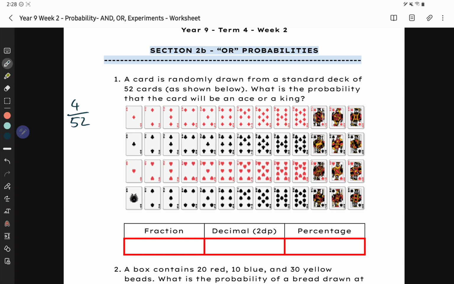Right? But I'm saying it's also okay if I get any of these kings. That's another 4 over 52. I'm going to plus them. So the probability I will draw an ace or a king, I add those probabilities up. Again, the probability is made up by the chance, the thing that I'm going for, so there's 4 of them in there, over the total, which is 52 cards.